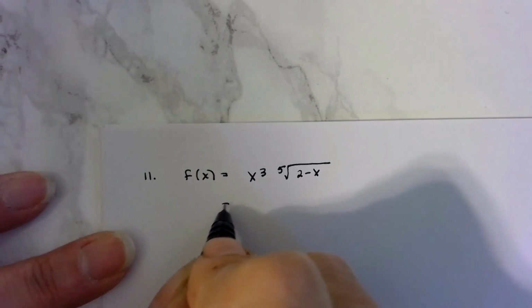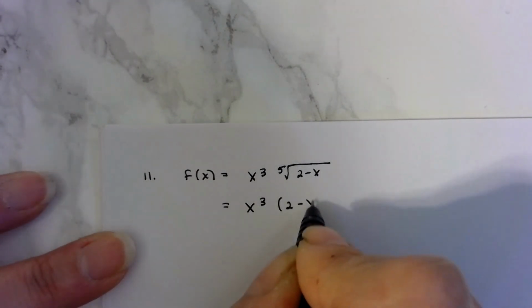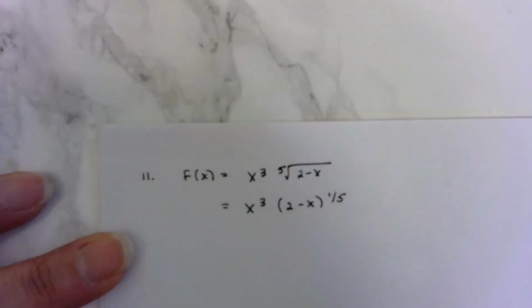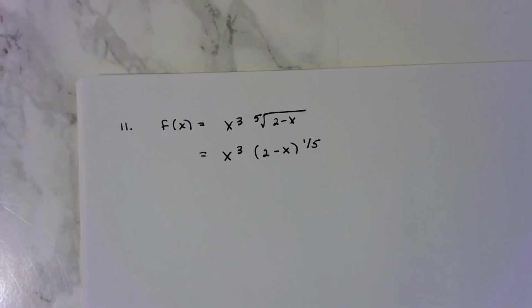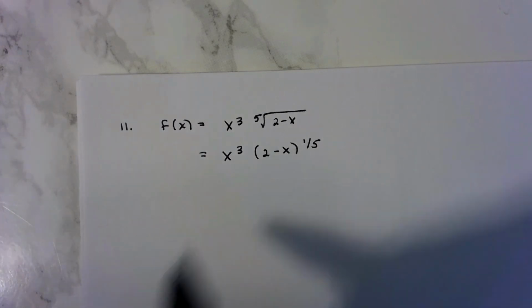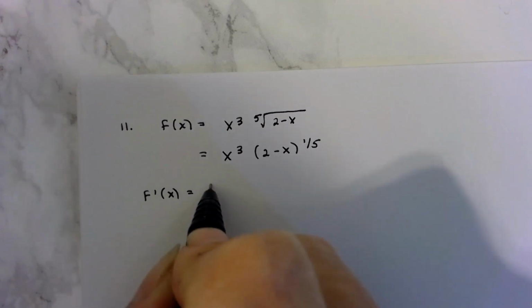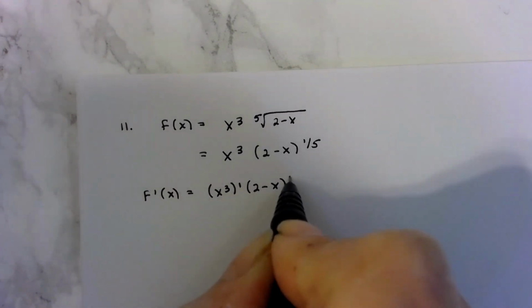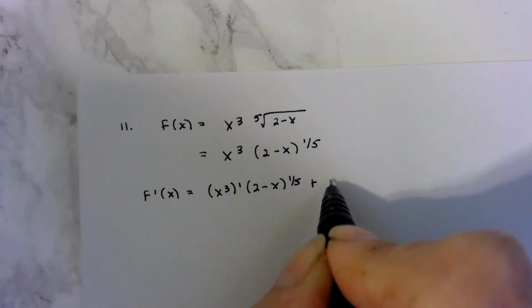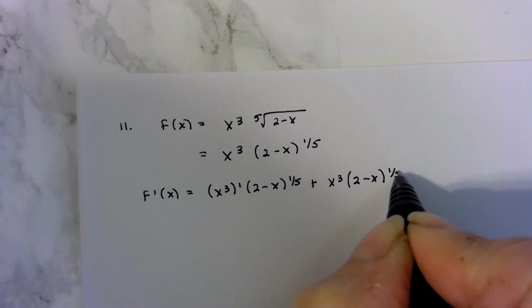Right away I would rewrite that, because you're going to have to take the derivative, as 2 minus x to the 1/5, so that you know how to take the derivative of it. Okay, so this is a product, right? So I'm going to use the product rule. F prime of x is equal to x cubed prime times (2 minus x) to the 1/5, plus x cubed times (2 minus x) to the 1/5 prime.